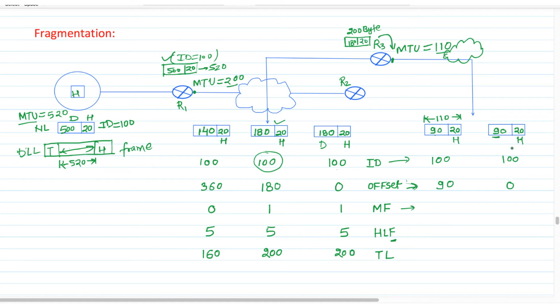More fragment: if this is the first fragment, then after this fragment, are there any more fragments? The answer is yes. So the MF value will be 1 for this fragment. And after this second fragment, are there any more fragments? No. So the value should be 0. There are only 2 fragments.